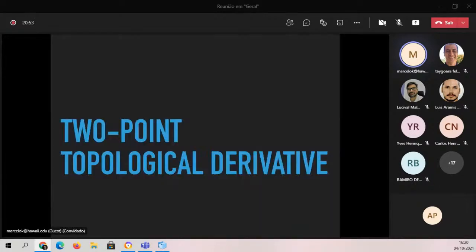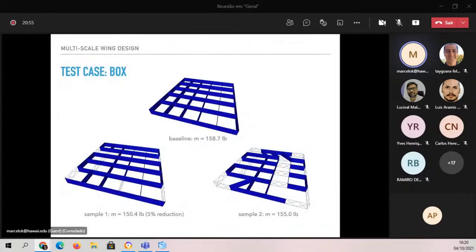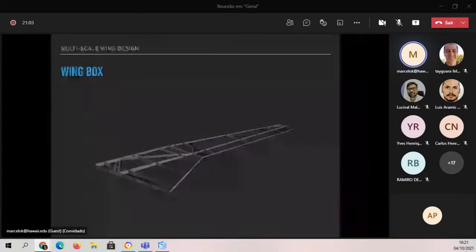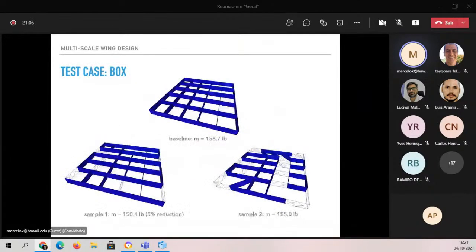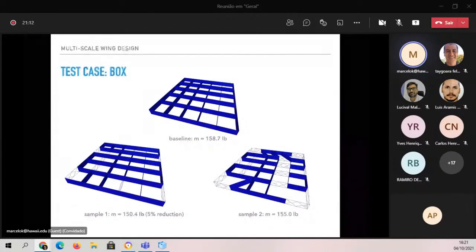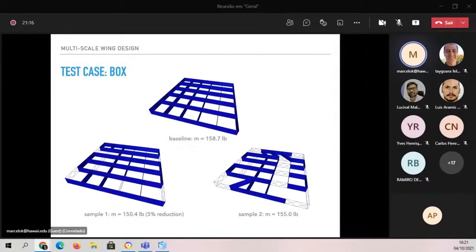I don't have it here, but we have actually started calculations with the wing. So for this wing, we are now starting calculations with the same approach that we have for this multi-scale. The way we do the multi-scale is we have a nested set of instructions. So we have instructions to determine the first level, which is the layout that you can see from the top, if you want.